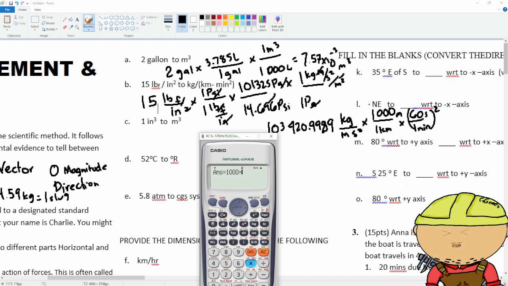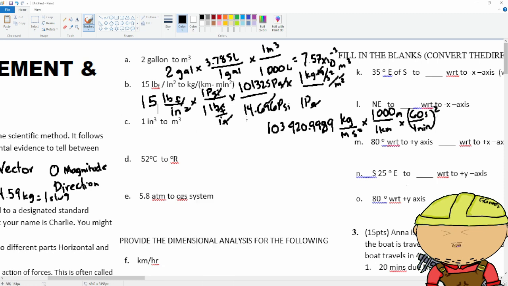Times 1,000 times 60 times 60. So the answer will become 3.723.